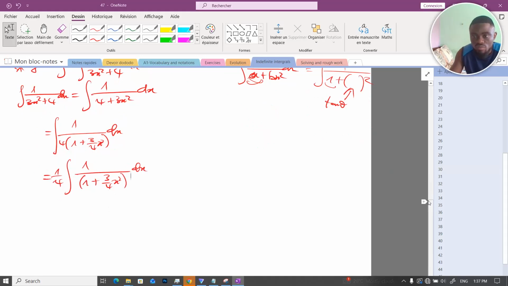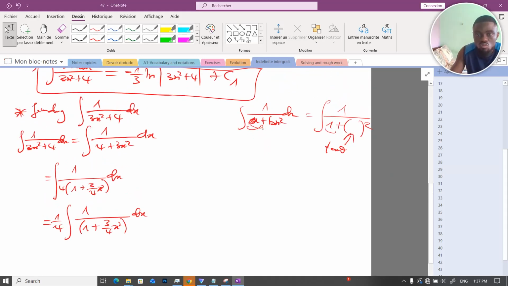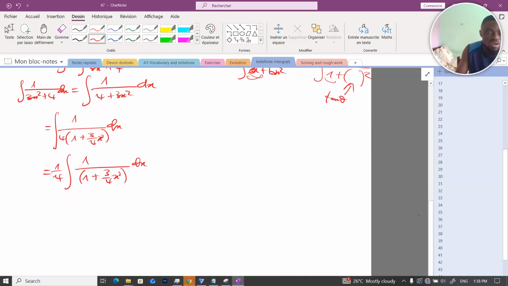The next thing we have to do is remove all that is outside here and bring it inside, for all of this to be squared. So we first have to write this to have a square in order to easily bring it inside.